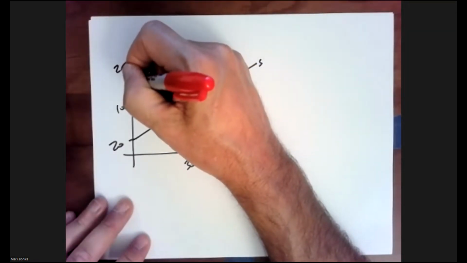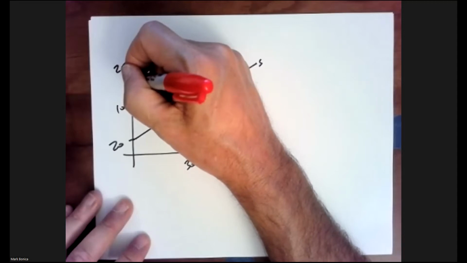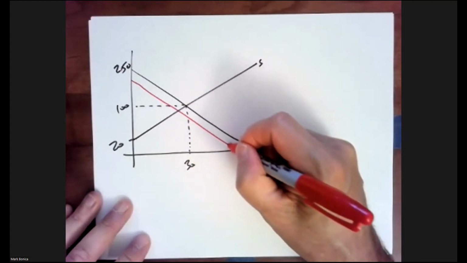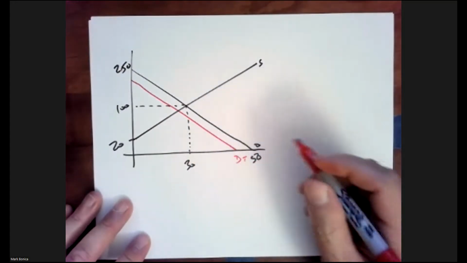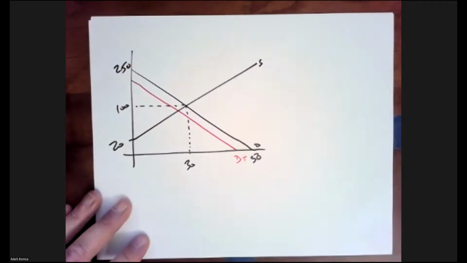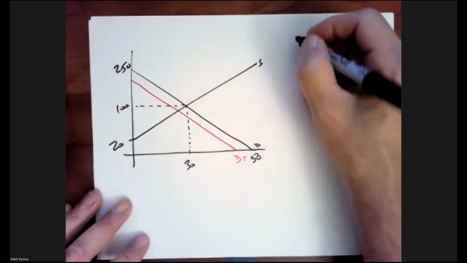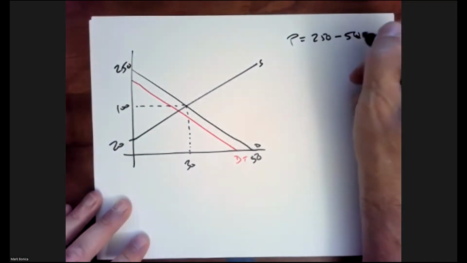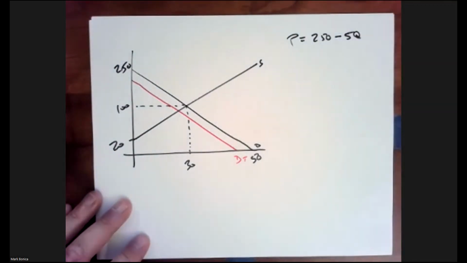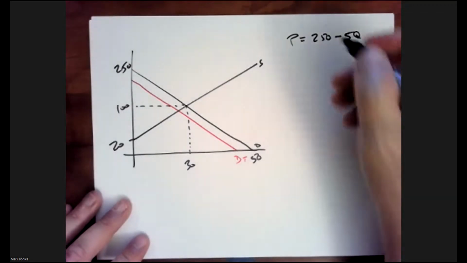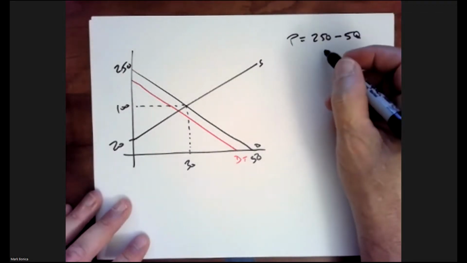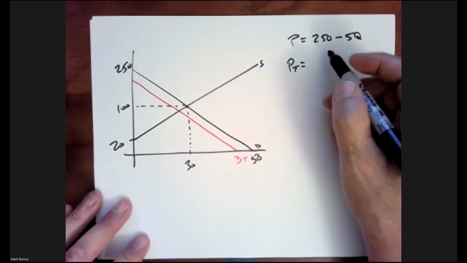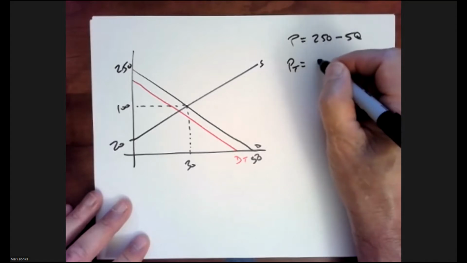It effectively reduces the consumer's buying power by $10. And so we're going to draw, this is going to be out of proportion, but I'm going to draw it this way. D tax, and the D tax is the original. So the original demand curve was 250 minus 5Q, but that 250 reflected the wealth, the income, the ability to pay of the patient. Under tax, though, that ability to pay is reduced by $10.